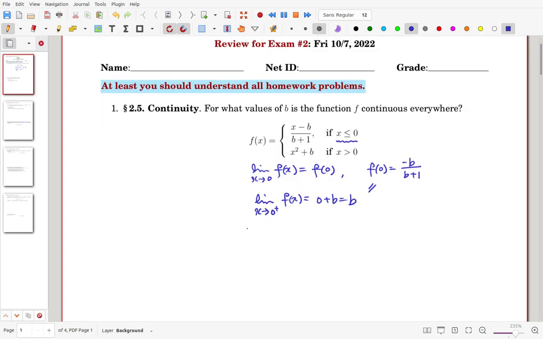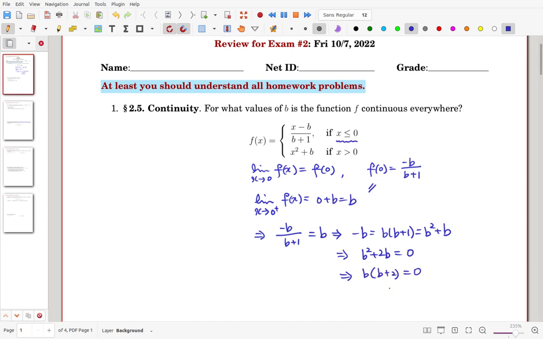So here we get minus b over b plus 1 equals b. From this, minus b equals b times b plus 1, which is b squared plus b. Moving this to the other side, we get b squared plus 2b equals 0. So we can factor out b: b times b plus 2 equals 0.